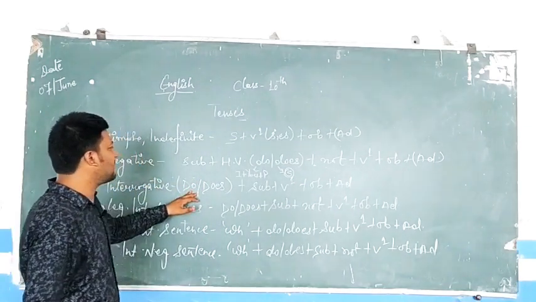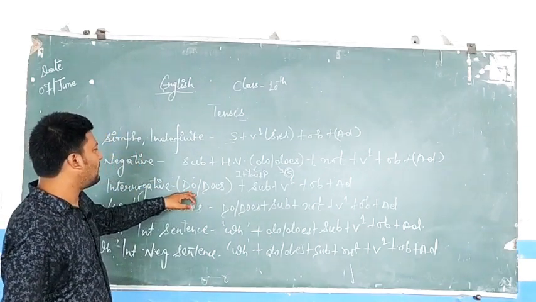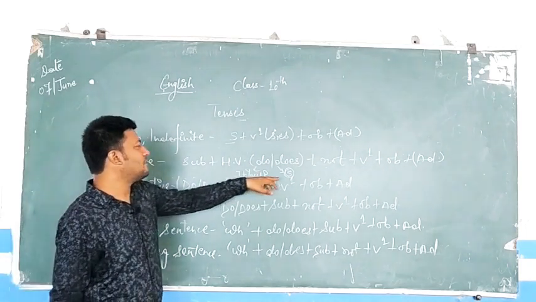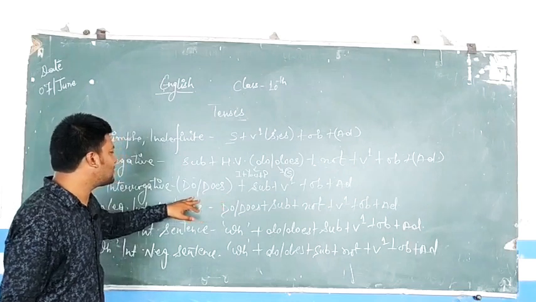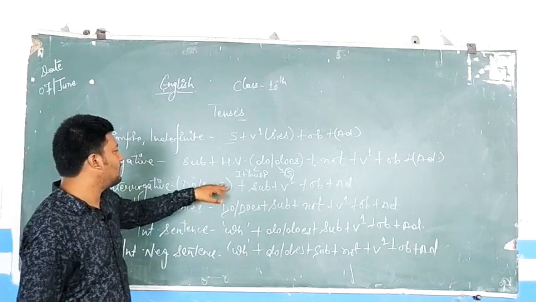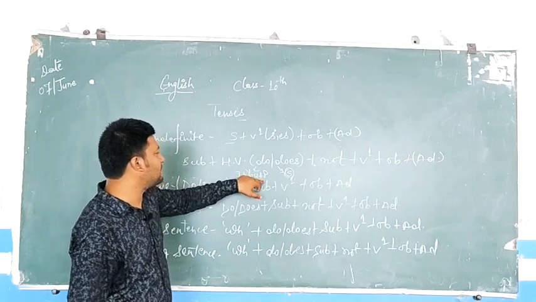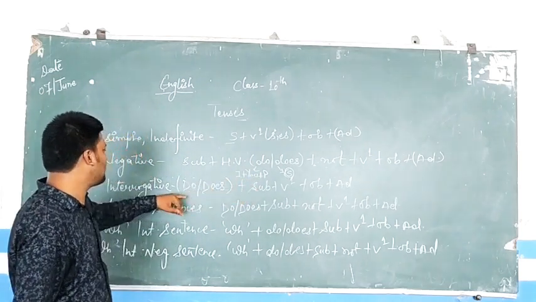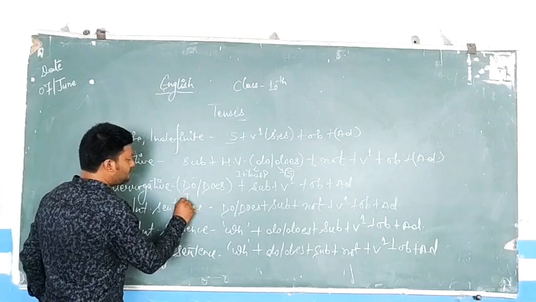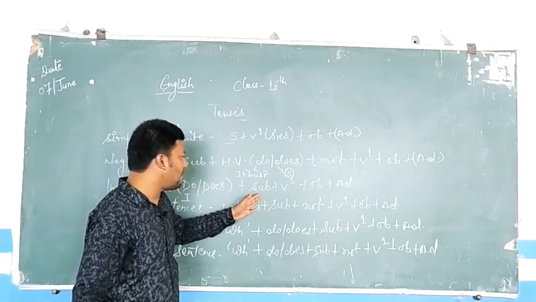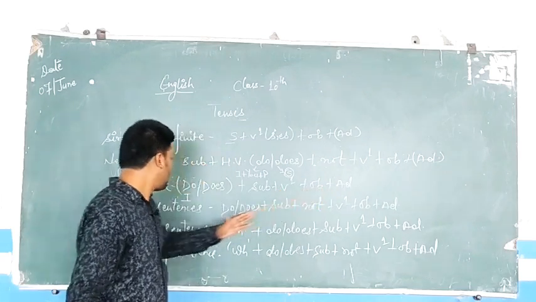If I choose the subject he here, I will choose does because he is singular. Whereas if I choose the subject I, you or a plural subject, suppose I take the subject I here, then: do I go to school?